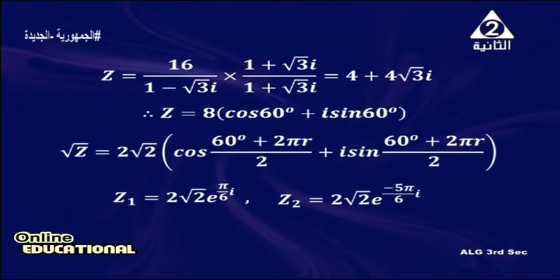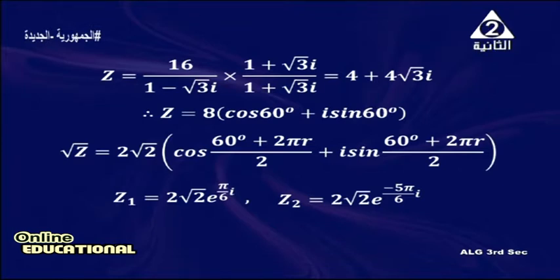In this case, we find two forms. Z equals 8 cosine 60 plus i sine 60 is called trigonometric form. It has sine and cosine, and r equals 8. X equals cosine 60 and y equals sine 60. Don't forget, cosine 60 equals 1 over 2, also sine 60 equals root 3 over 2.